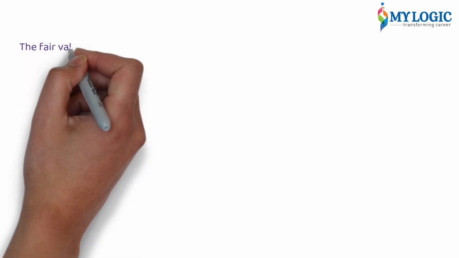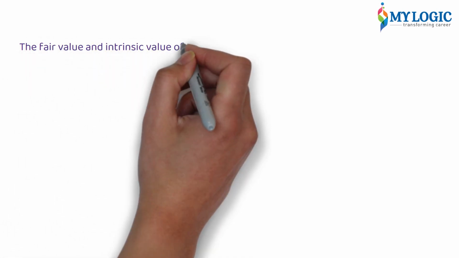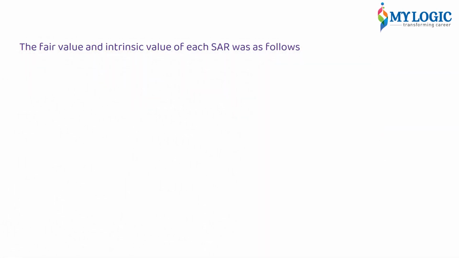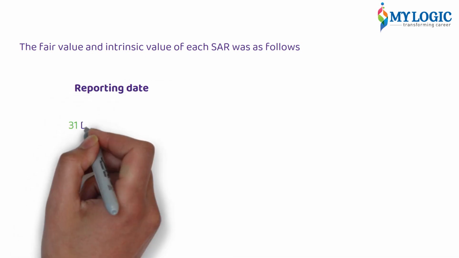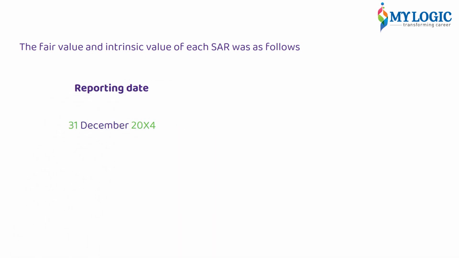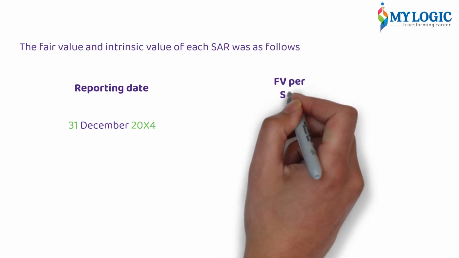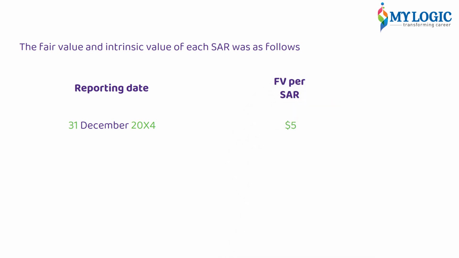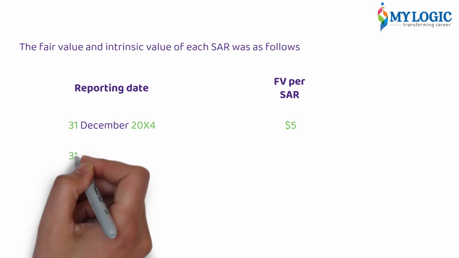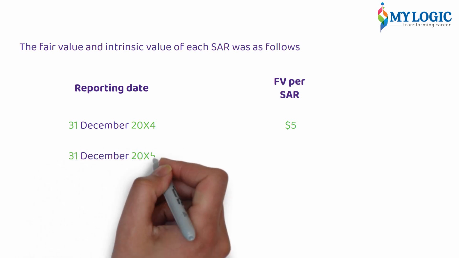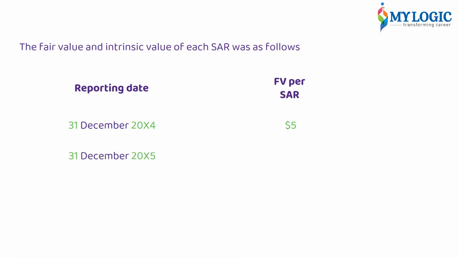The fair value and intrinsic value of each SAR was as follows. For reporting date 31st December 2014, FV per SAR $5. For reporting date 31st December 2015, FV per SAR $7.